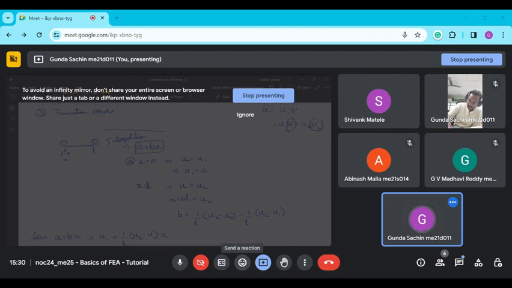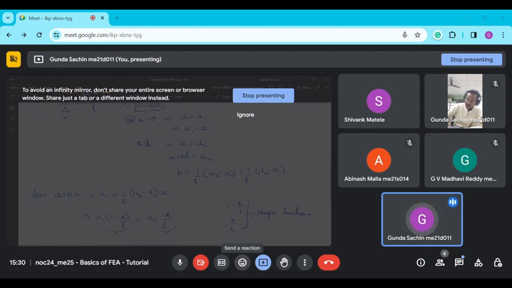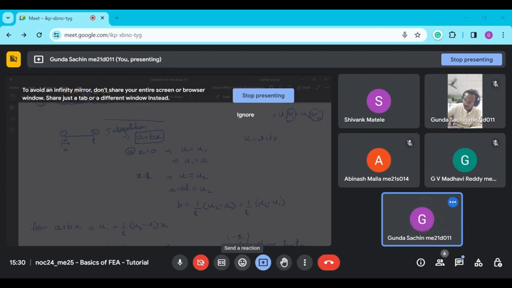Here the interpolation function is a plus bx, but we are just rewriting it in a different format. That's it. So you can still proceed by taking u equal to a plus bx and solve the whole problem using this as well.